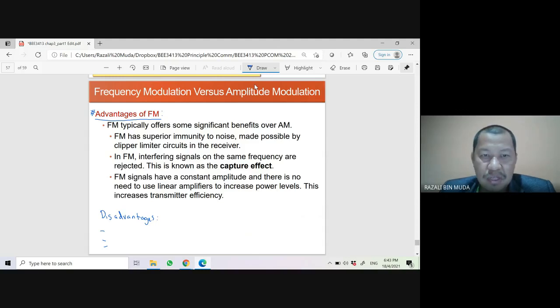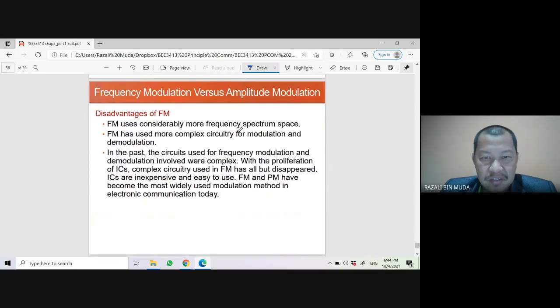FM has superior immunity to noise made possible by the clipper limiter circuit in the receiver. In FM, interfering signals on the same frequency are rejected. This is known as capture effect. FM signals have a constant amplitude and there is no need to use a linear amplifier to increase power level. This increases transmitter efficiency.